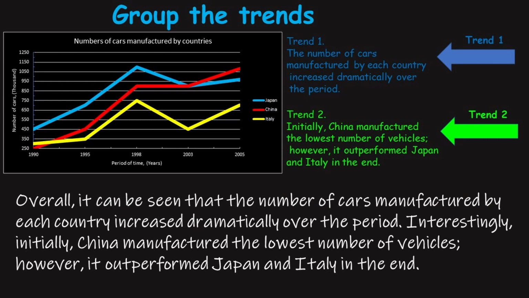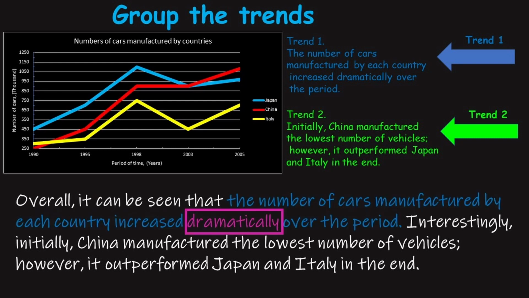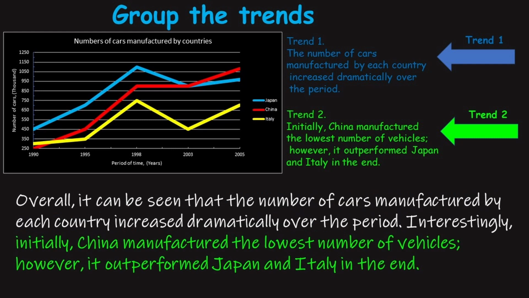Pay attention. According to the recommendations, the first phrase is "overall, it can be seen". Then the first trend, identified with the first approach, was included. Look at the adverb "dramatically", customarily used when significant changes happened. Further, the second trend identified with approach number 2 was included.